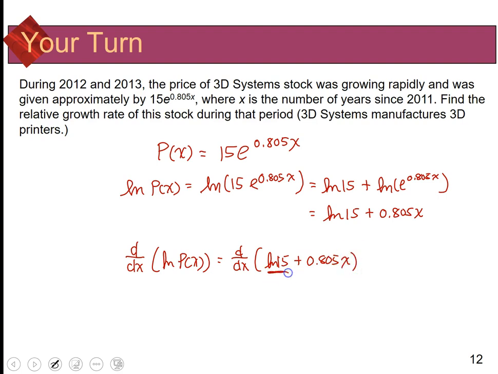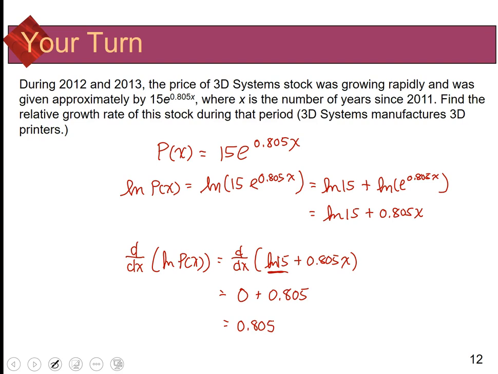Now again, natural log 15 is just a constant, so when I do its derivative, it becomes nothing. The derivative of 0.805x, I have a constant multiple of 0.805. The derivative of x is just 1, so I end up with 0.805. And that's what the answer is, 0.805. So that's the relative growth rate.